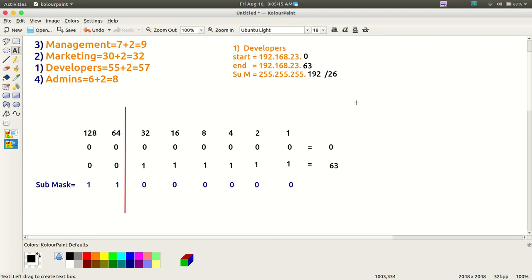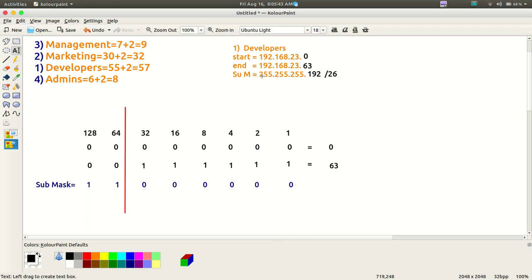/26, right? So currently in this example you can see that this is the 4th octet which I calculated just now. So before this 4th octet, we have 3 more octets which we didn't calculate, right? So it was 255, 255, 255. If you convert this 255 into binary, how many ones do you get? 8 ones.